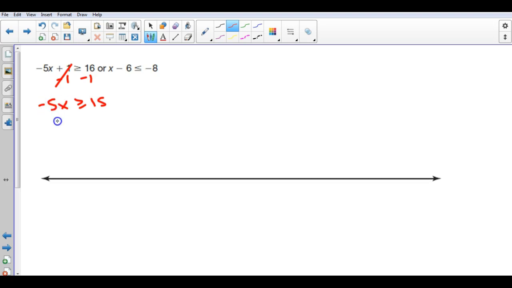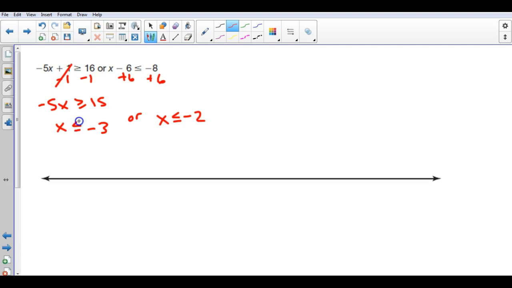When I divide or multiply by a negative coefficient, so I'm going to divide both sides here by negative 5, you have to flip the inequality. So 15 divided by negative 5 is negative 3. I'm going to bring down that word "or", and then I'm going to solve this inequality on the right by adding 6. So I would get x is less than or equal to negative 8 plus 6 is negative 2.